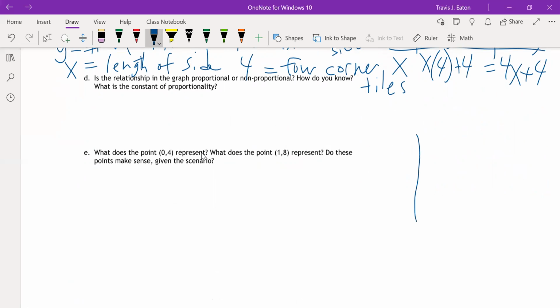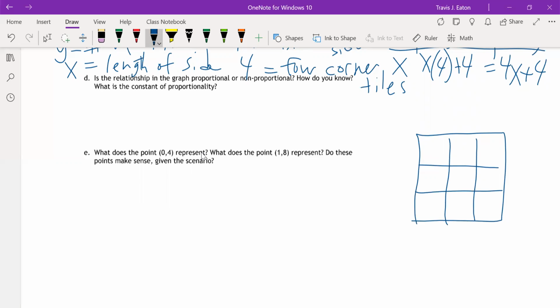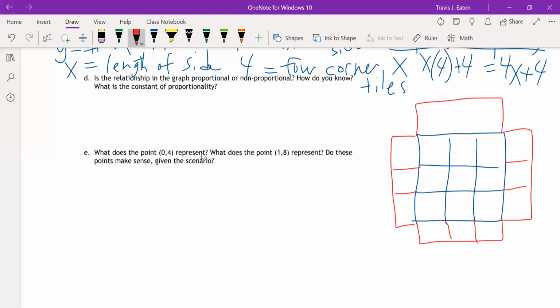So if we've got a pond, and we'll make it simple, we'll just do 3 feet on a side. Then I'll change the colors here. We've got 3 on that side, 3 on that side, 3 on that side, and 3 on that side.